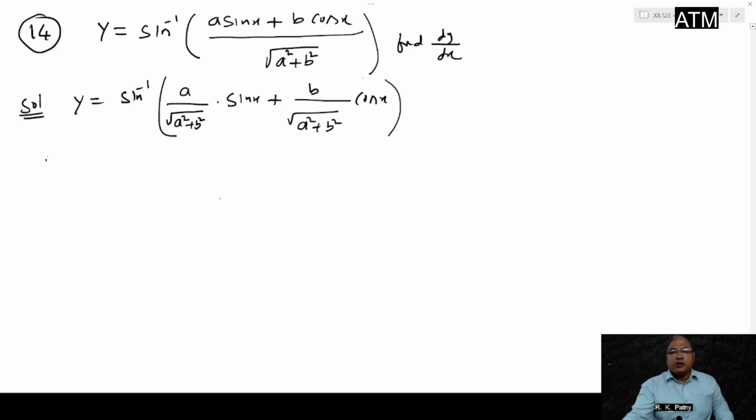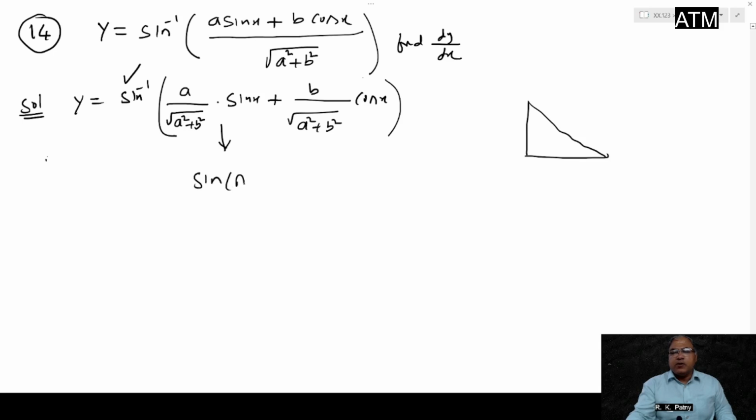Now we have two numbers here, a and b, so we first make a triangle, and we try to fit this into a formula because outside is sine inverse.